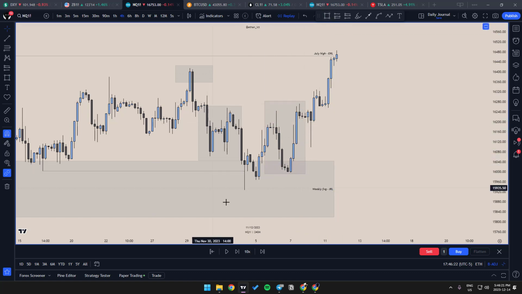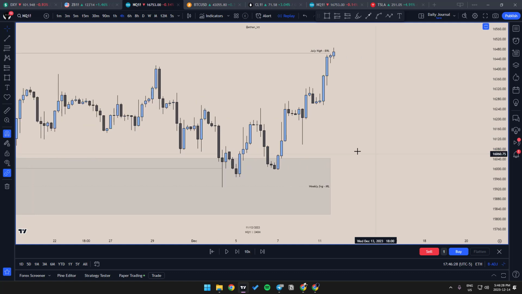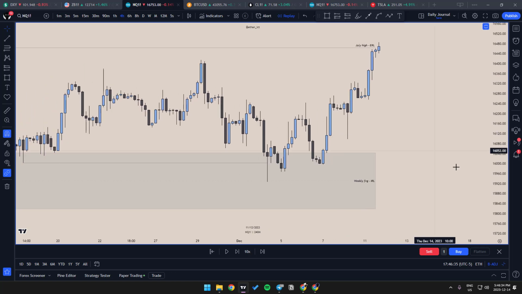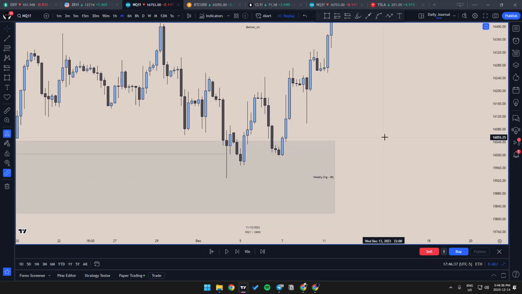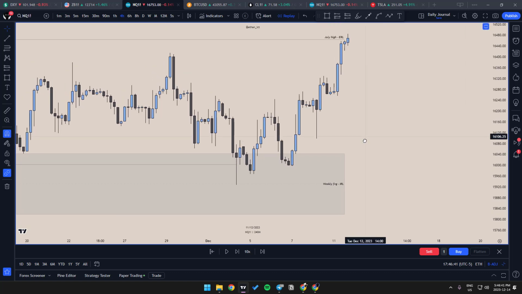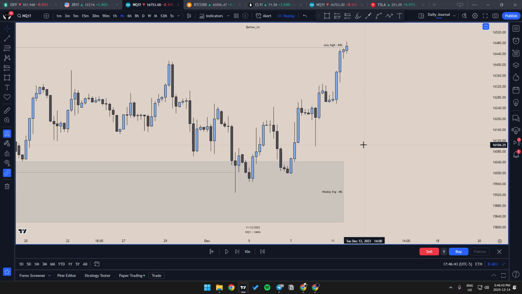For example, this is the market maker buy model. From here, this is where I'm looking for that smart money reversal to enter a market maker buy model. So what are the qualities of a good smart money reversal as listed earlier? Well, number one on my list is SMT divergence.